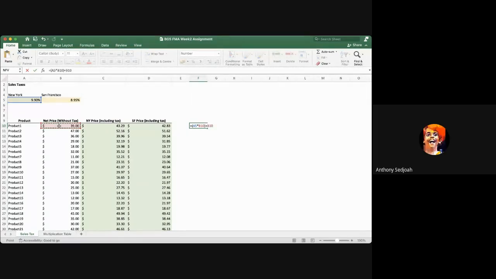Okay, that's all right. Meaning I first looked for the 9.90% of 39, and after getting that, I added that to 39. So I locked the New York percentage and then dragged it down. Yes, so I also did the same thing.